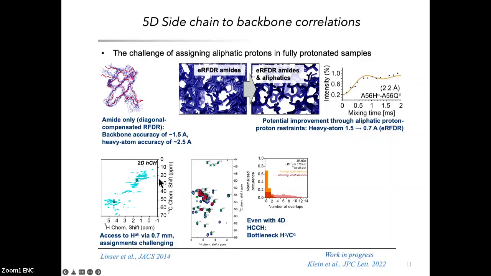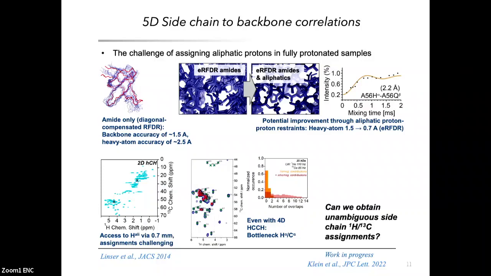And if we spin at 100 kilohertz and we have fully protonated systems, then the line width of the proton is still so large that really these planes usually look pretty bad. And even if we have 4D HCCH experiments, then we're still stuck with the resolution of the H alpha C alpha to get this connected to the amides.